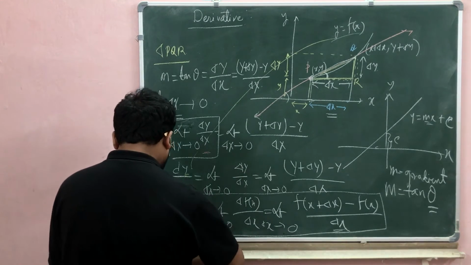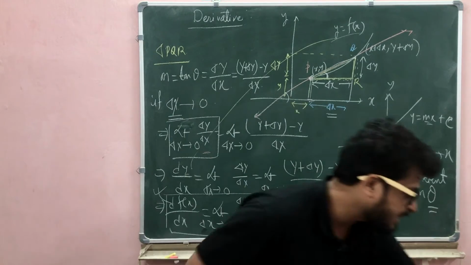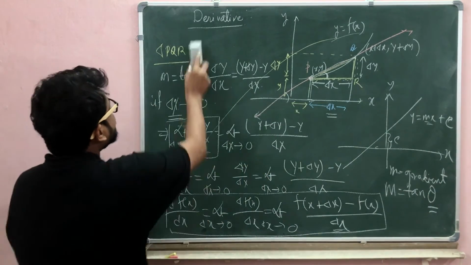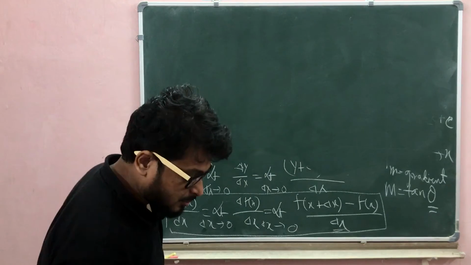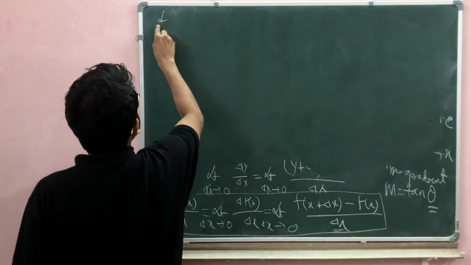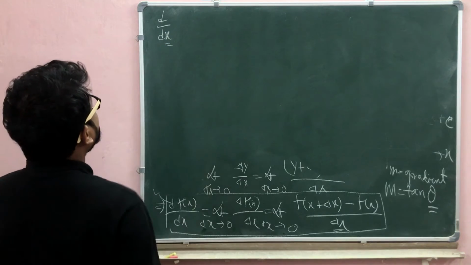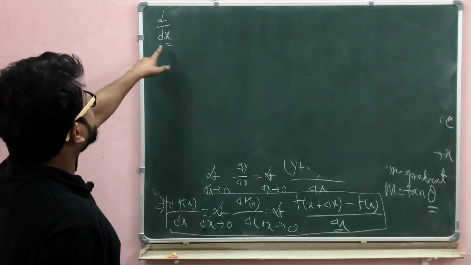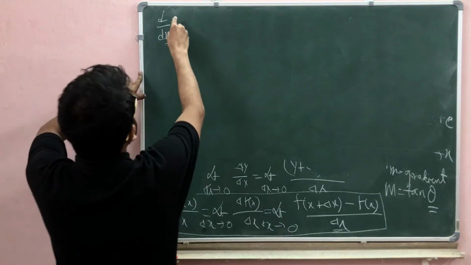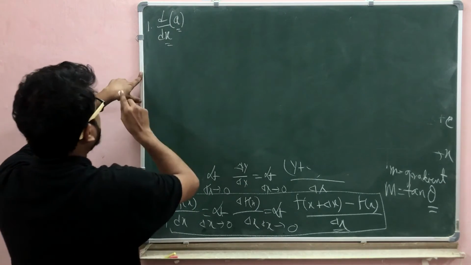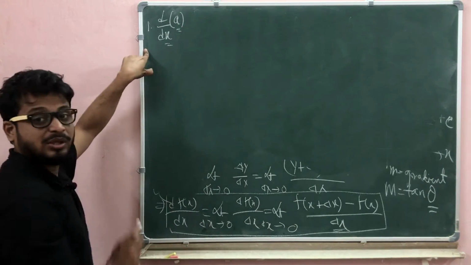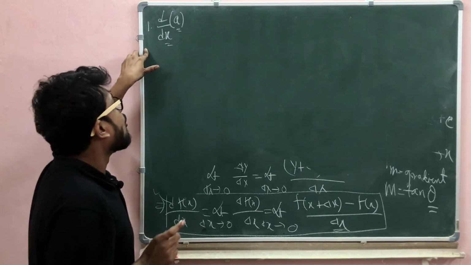Now take a basic simple example of derivative. If d/dx, and x is a variable, and if we choose a number a, formula number 1: if a is a constant value, what is constant?